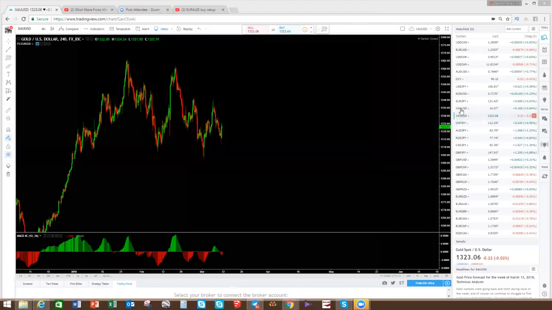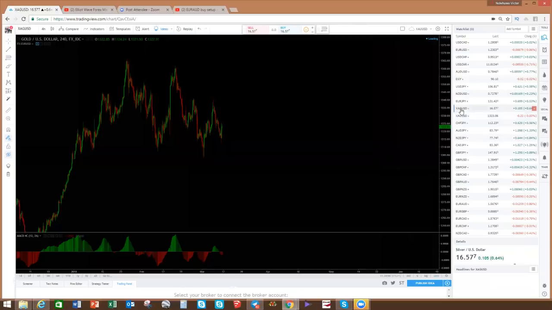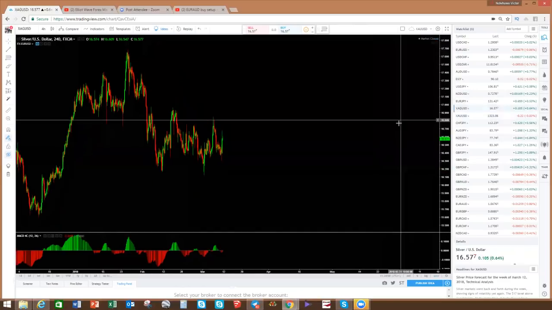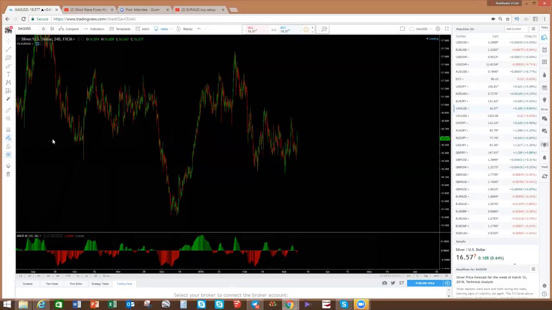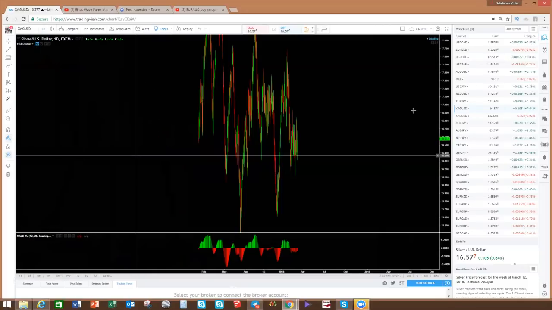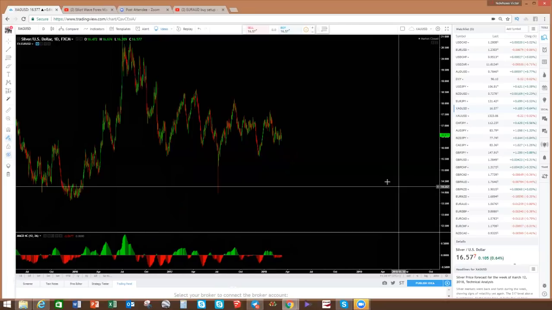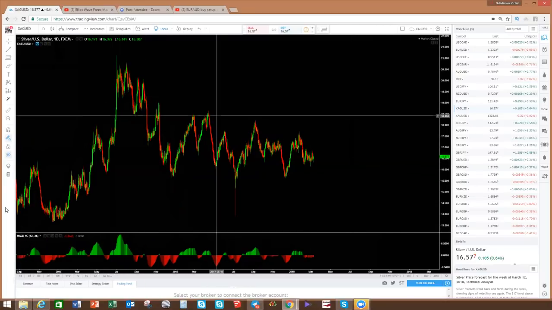Now looking at silver. Silver, looking at it on the daily. It's going to show you the daily structure. So silver, you've got that swing low up to the swing high.